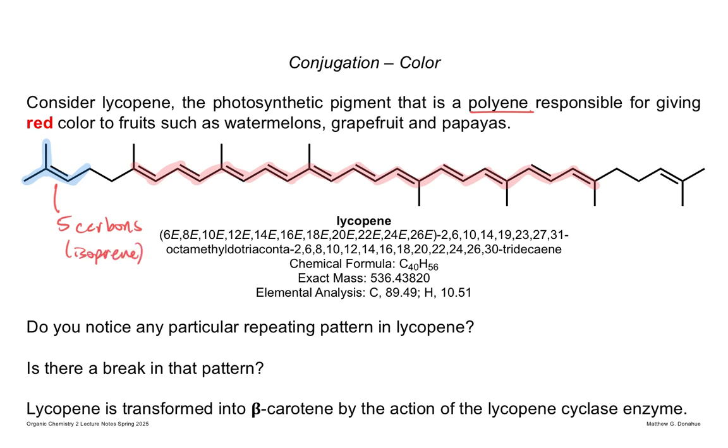So that 5-carbon pattern, the repeating unit, is called isoprene. So really this is a polymer of isoprene.